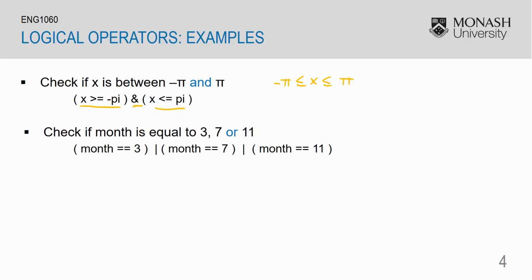Here is another example using the OR command. We are checking whether the month variable is equal to 3 or 7 or 11. Note that for each case, I must explicitly write month is double equals to a number. I cannot write month is double equals to a vector, as this would not work.